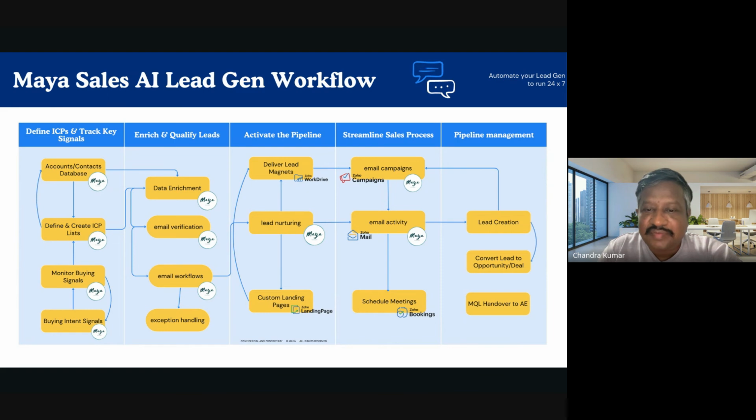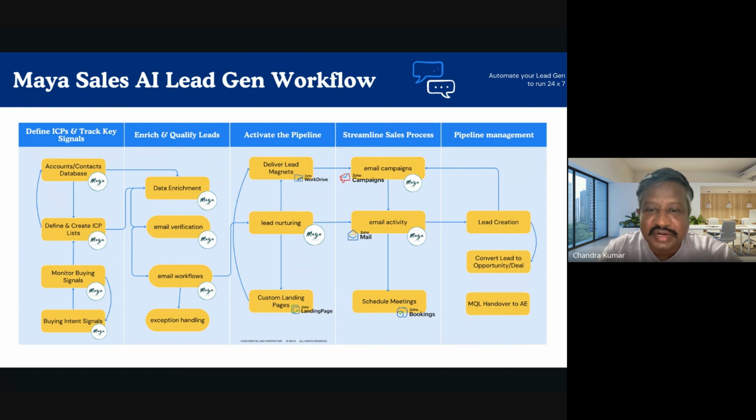So we have ensured that the entire process is smooth and automated. It runs 24 by 7 with no manual intervention till the time you get a highly qualified lead. And then the sales team take it from that point, and they start either calling these various ICPs, or they attend the meetings which have been booked by the client.